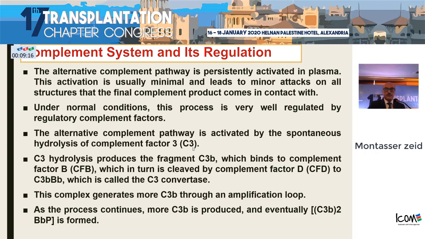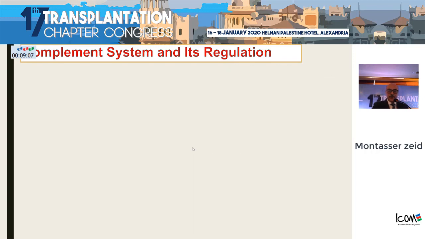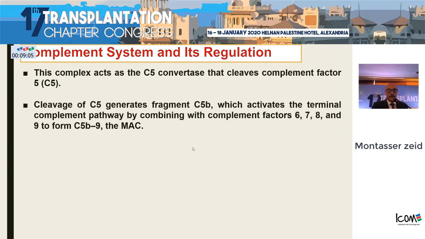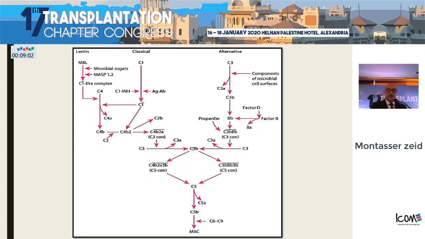Under normal conditions, this process is very well regulated by regulatory complement factors, and the alternative complement pathway is activated by spontaneous hydrolysis of complement factor 3, and the complement factor 3 after hydrolysis will be transformed into complement factor 3b, and this, in conjunction with Bb resulting from the action of complement factor D over complement factor B, results in C3bBb, which is complement 3 convertase.